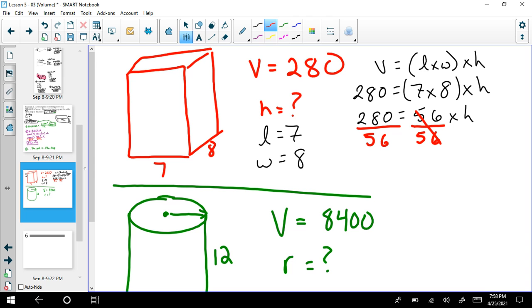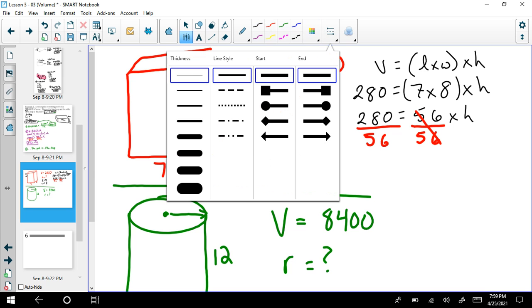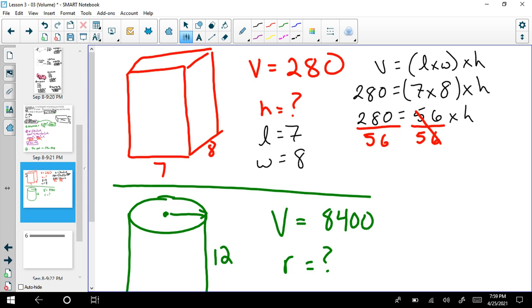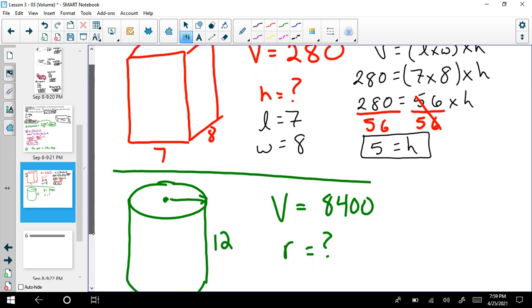So then that crosses out. Then I do 280 divided by 56, which gives me 5. So my height is 5.